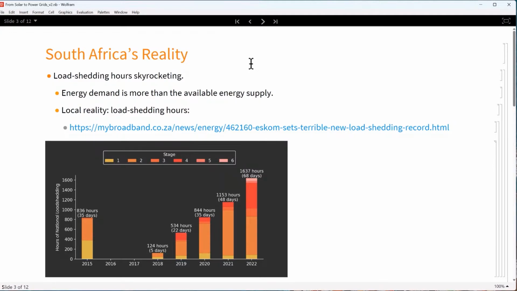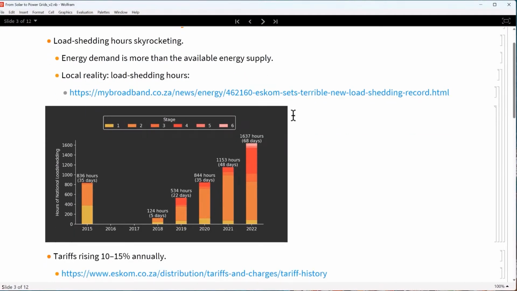It has a growing economy and a young population, especially when compared to developed nations. However, since 2018, South Africa has experienced frequent load shedding, largely due to aging power infrastructure and insufficient generation capacity. While the situation has improved somewhat in 2025, load shedding remains a daily reality for many households.